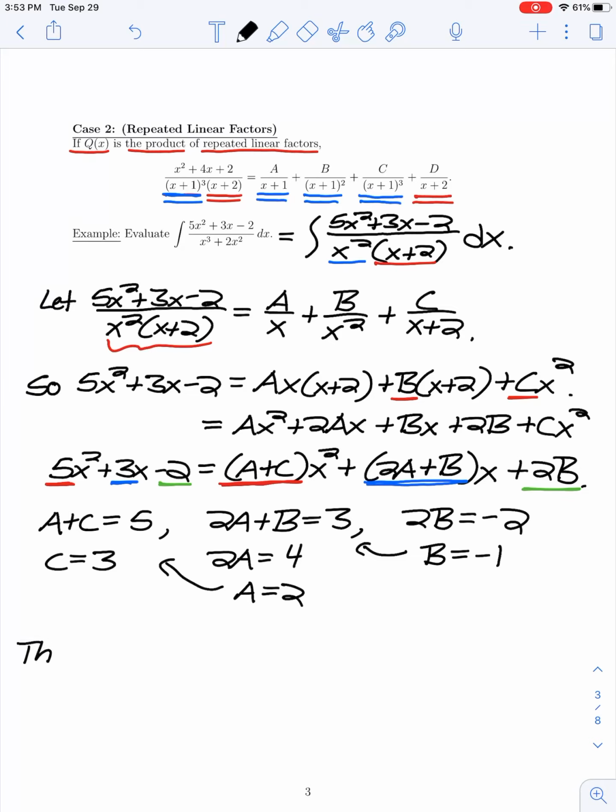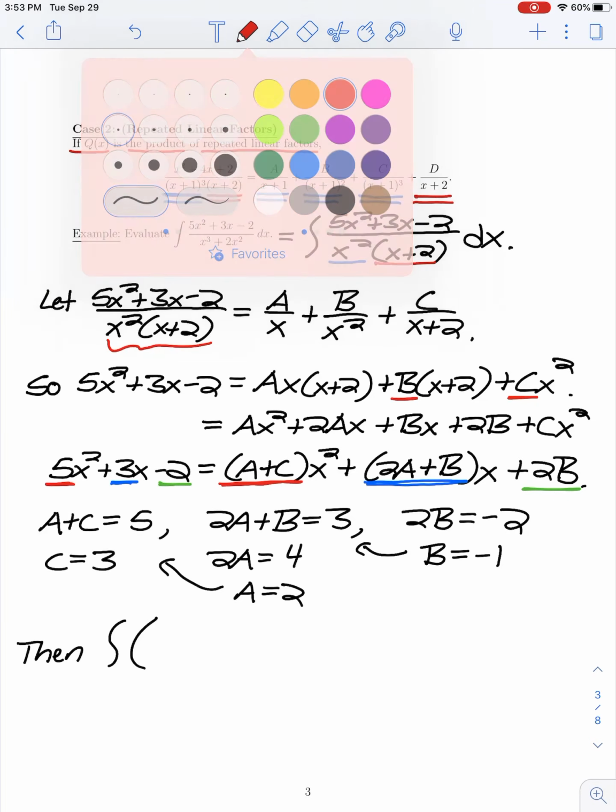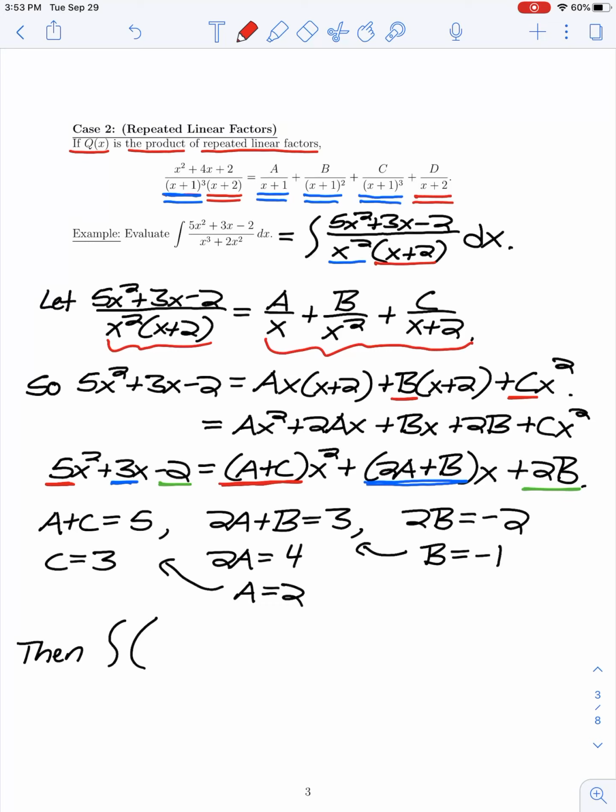So once I have these coefficients for a, b, and c, let's look at the integral that we started with, but writing our integrand in this decomposed form. So our decomposition was a over x, we found a was 2, plus b, which was -1, over x squared, and then plus c, which we found to be 3, over x plus 2, dx.